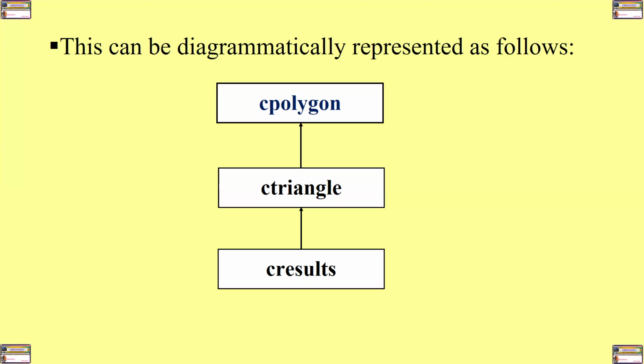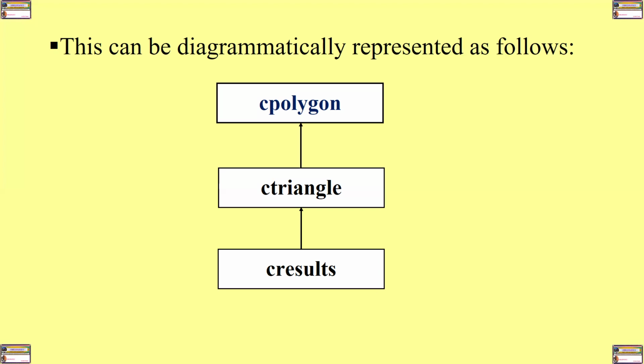In multilevel inheritance, we have a derived class deriving its properties from another derived class, which also inherits the properties from another class, which is CPolygon.